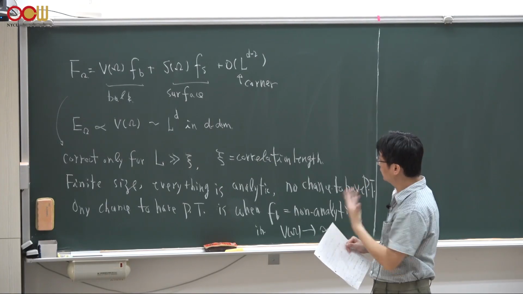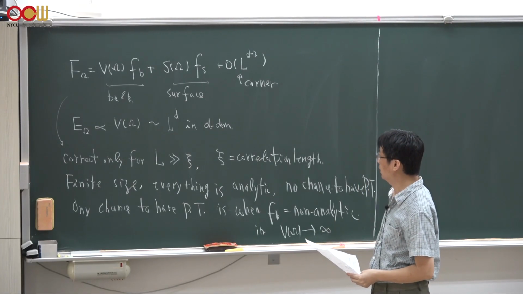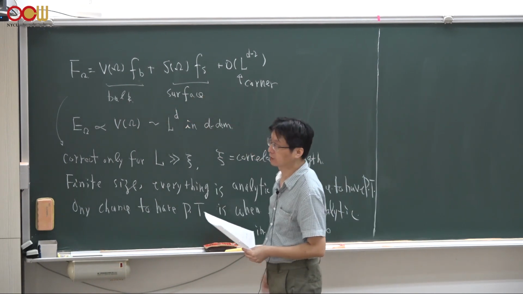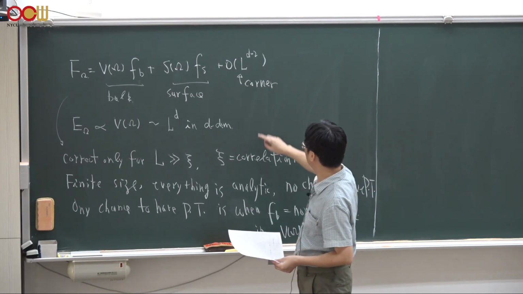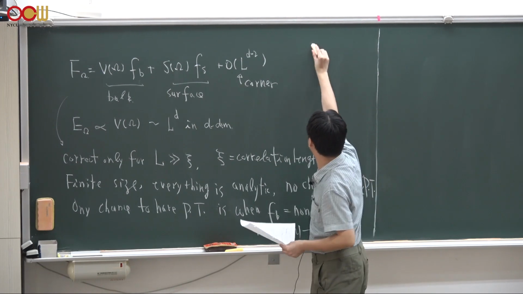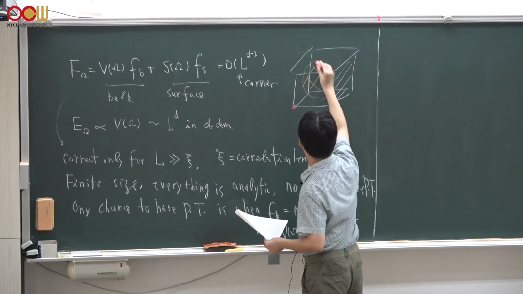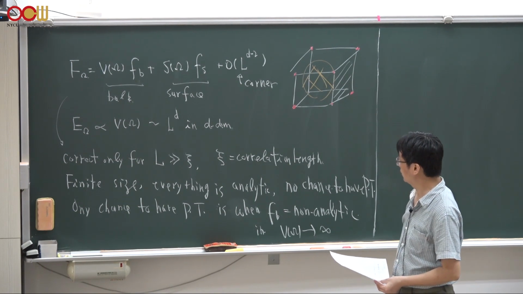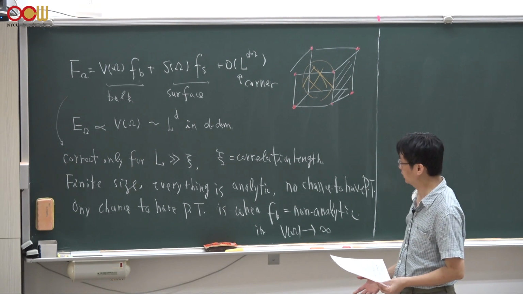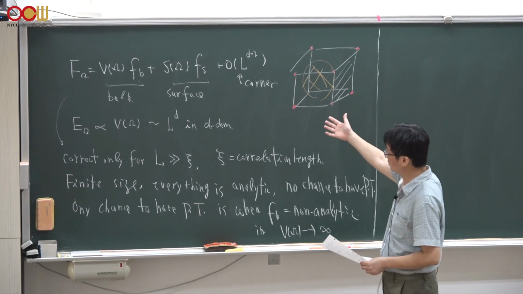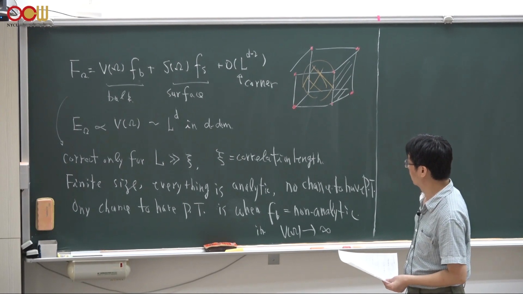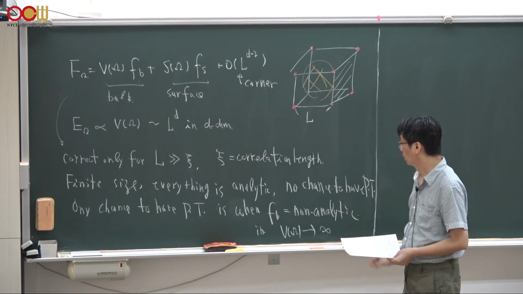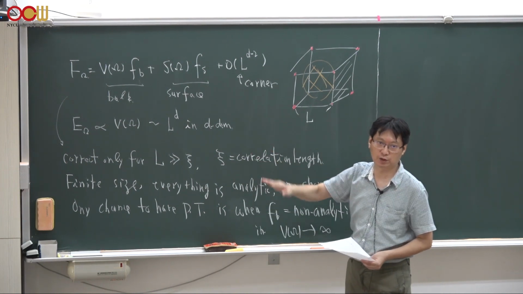Just as I mentioned, we can define the free energy at finite size in terms of the bulk free energy density, little f_b, and the surface free energy density, little f_s, plus some contributions at the corner. So we simply approximate this free energy at finite size in terms of the bulk free energy density and surface free energy density. But this approximation is accurate only if the system size L is much larger than the correlation length xi. We haven't defined the correlation length yet, but we will in just a moment.